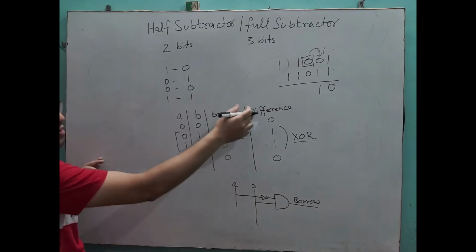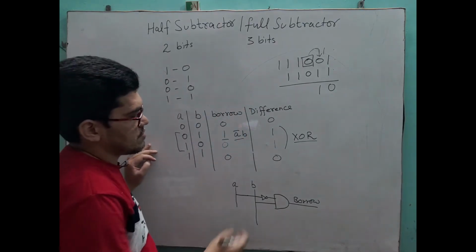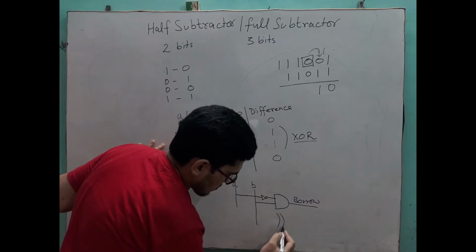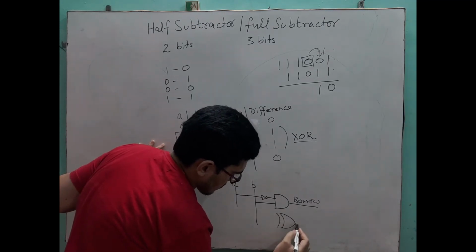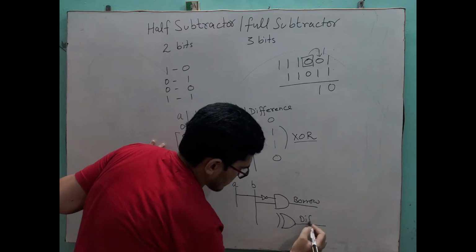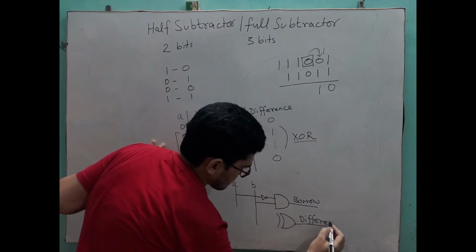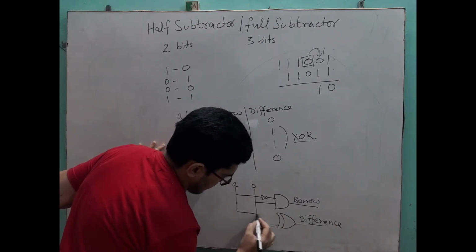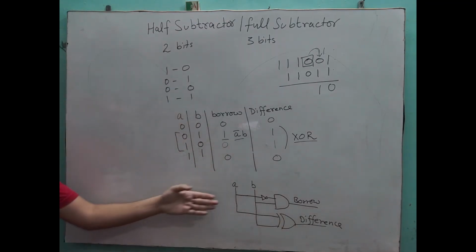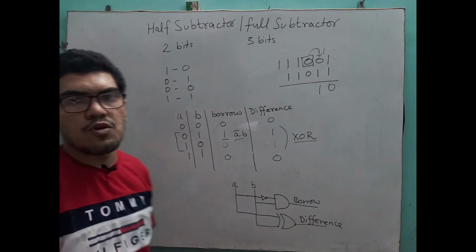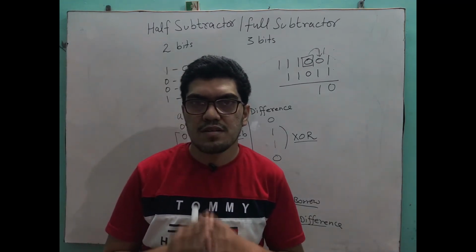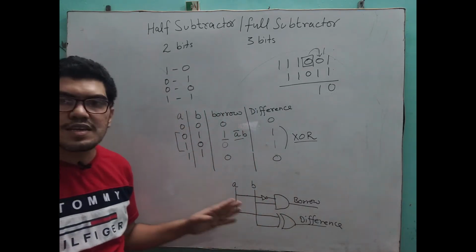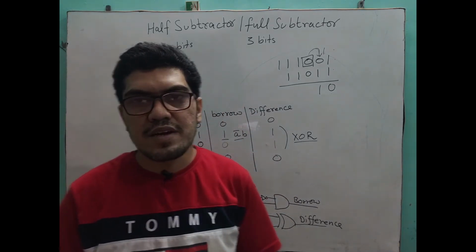Now next is the difference. For difference we can simply use XOR gate. This will give the difference. Connect B and connect A. So this is the circuit diagram of half subtractor.